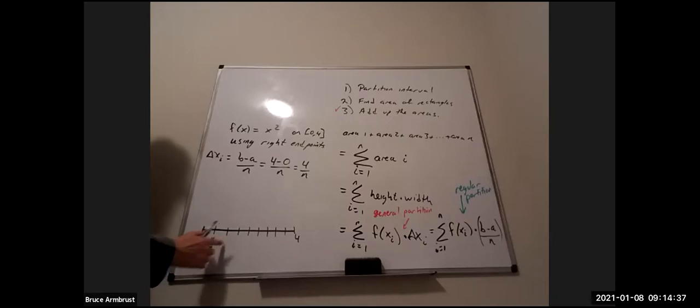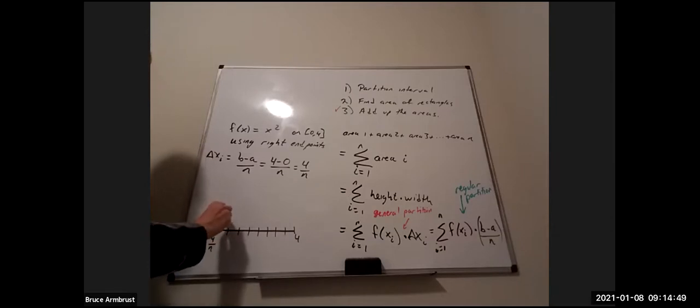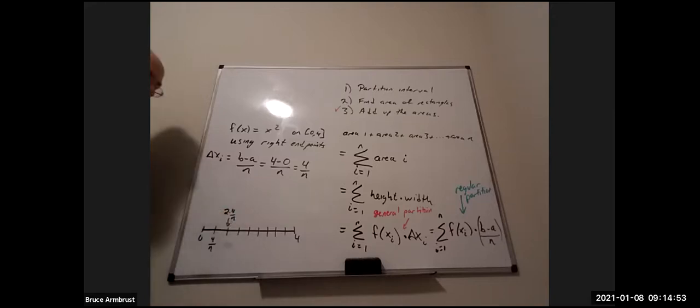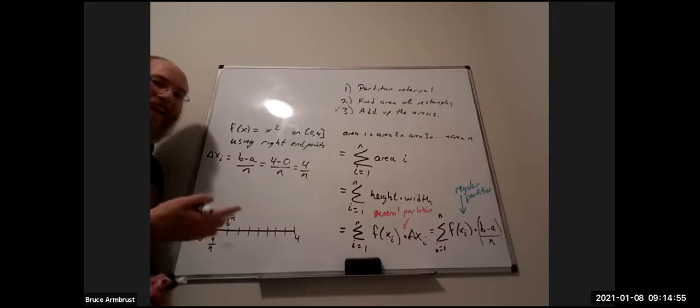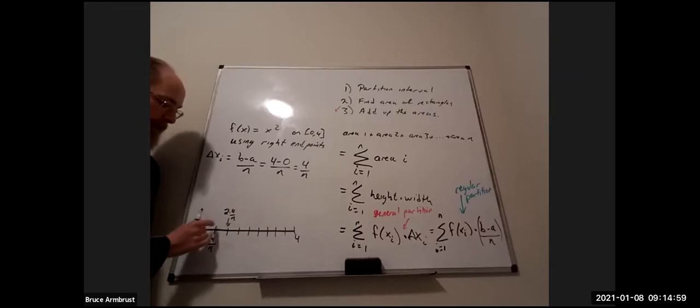If I want to get the next place where I cut this, I have to add another 4 over n. So I'm going to write this as 2 times 4 over n. Let me write it up here. And yes, that is 8 over n, but I just want to write it as 2 times 4 over n. So you realize that we're doing 4 over n plus 4 over n.